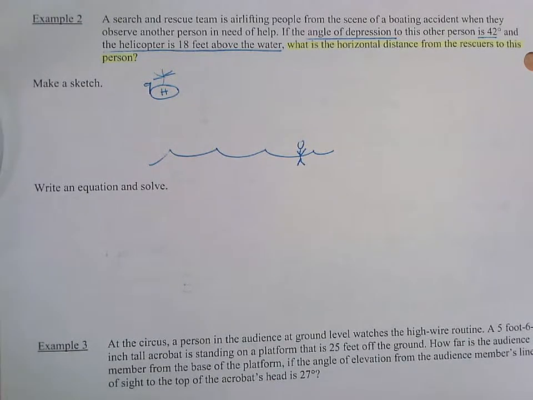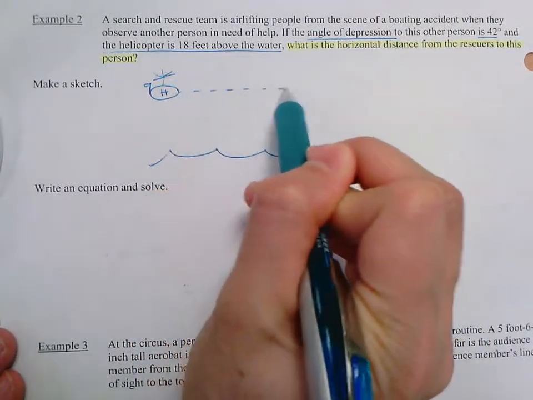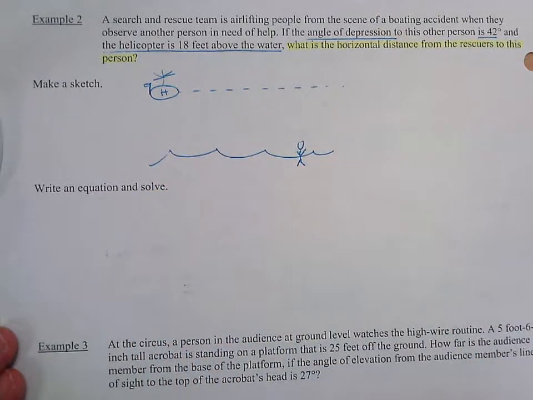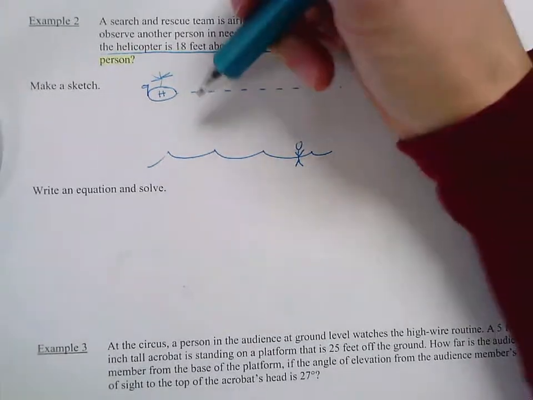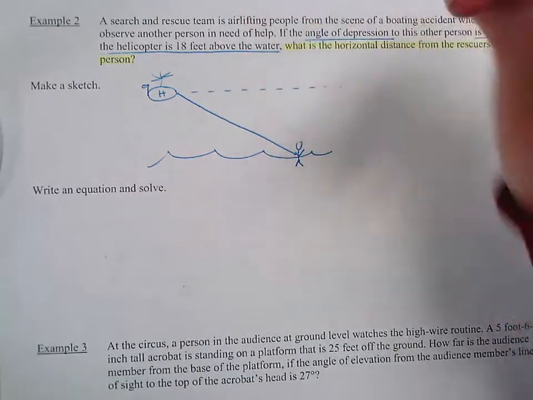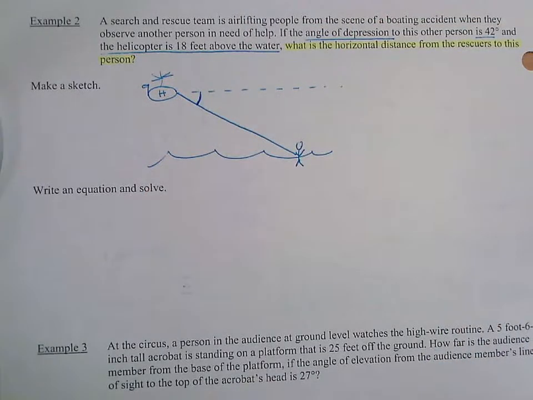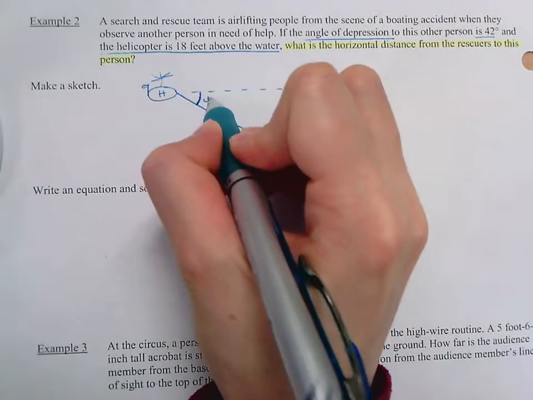So you have to go off of the line of sight from the helicopter. So that would be out this way. Here's the horizontal. Then their sight to that person. Here is where the angle of depression is. That angle is 42 degrees.